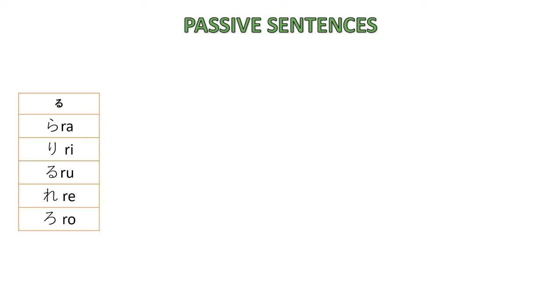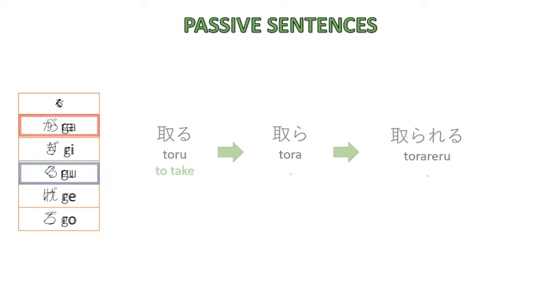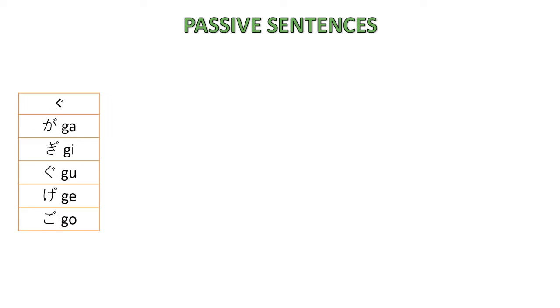For verbs ending in ru again, so toru becomes tora. So ru becomes ra, and then reru, torareru. For gu, we have isogu.